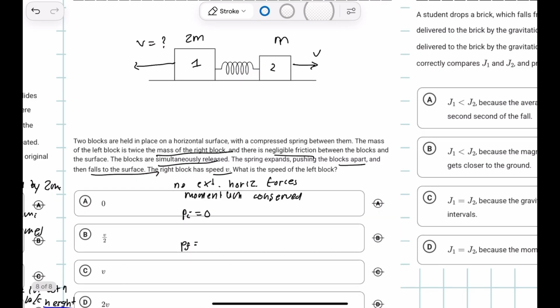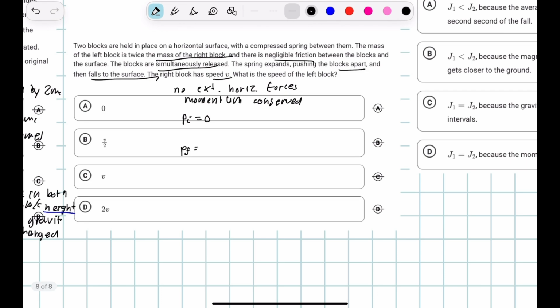Let's call that velocity U. So let the left block speed be U moving left. And because we defined that it's moving left in our direction, we don't have to write negative.